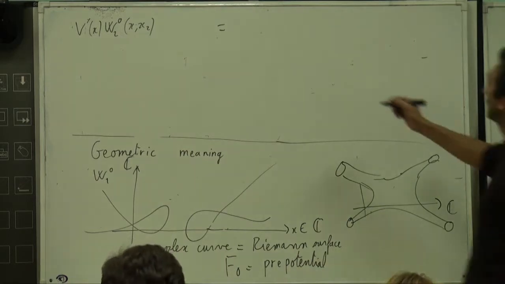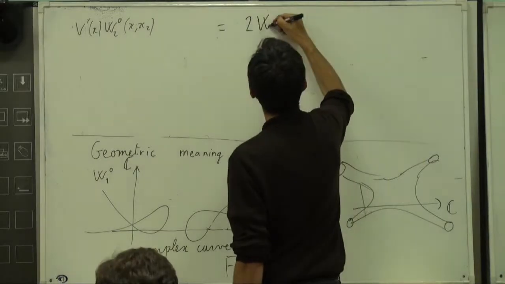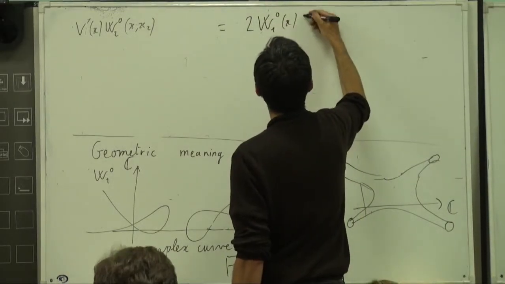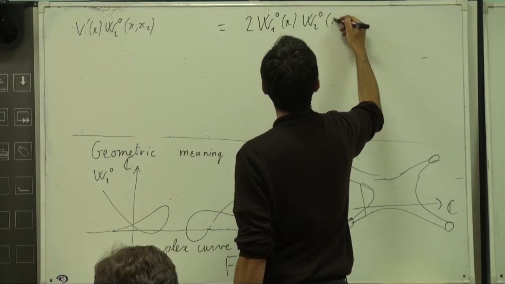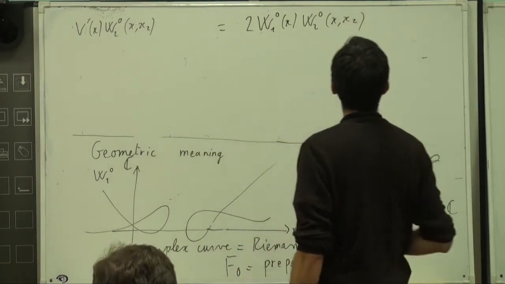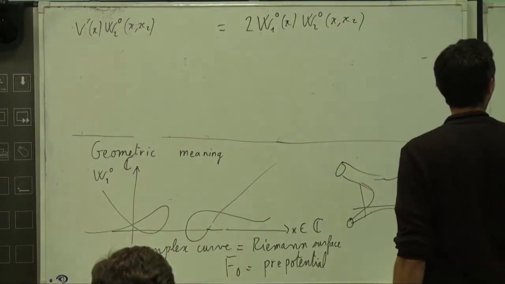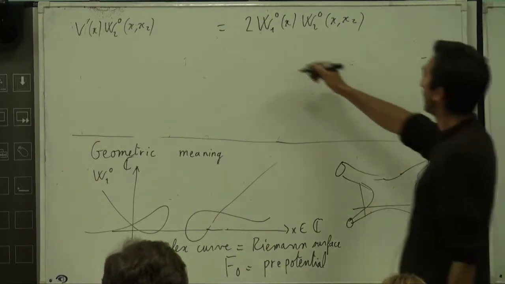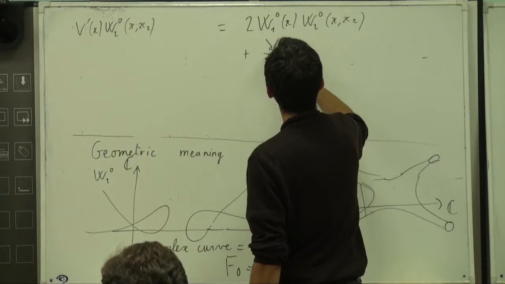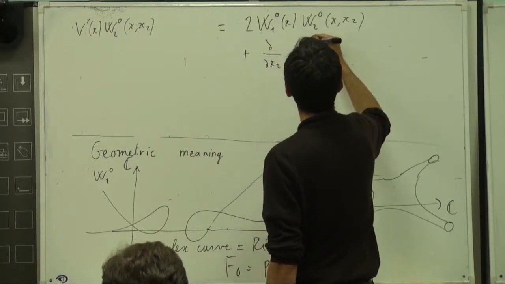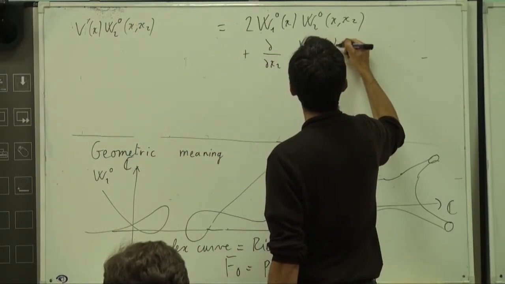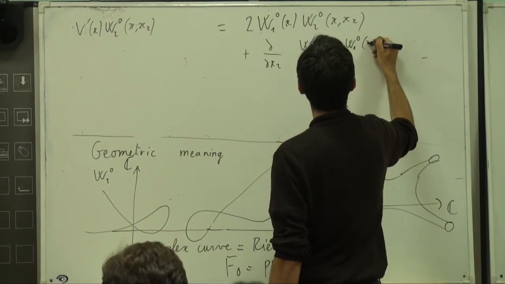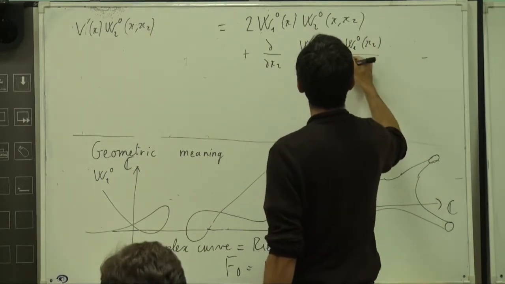So we'll have 2 W10(x) W20(x, x2). And this term will correspond to taking a derivative, plus d over dx2 of (W10(x) minus W10(x2)) over (x minus x2).